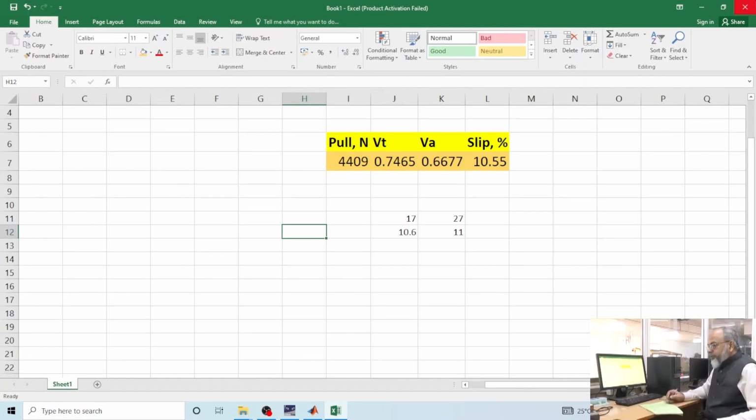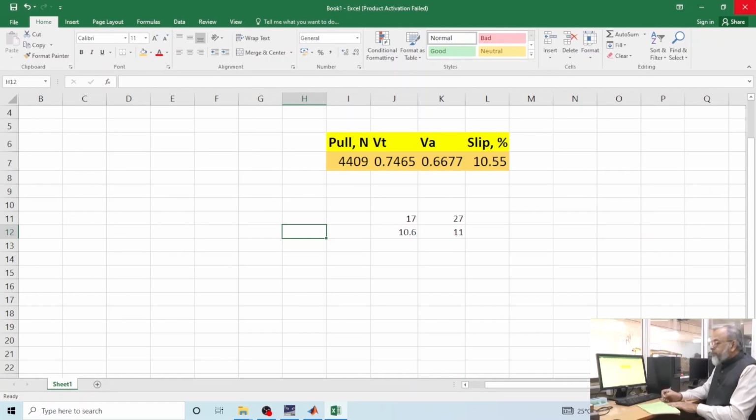If you know the radius of the wheel on which the spike is mounted, which is 0.2825, then you can calculate the actual velocity: 2 into pi into r into (27 minus 1) by 11.